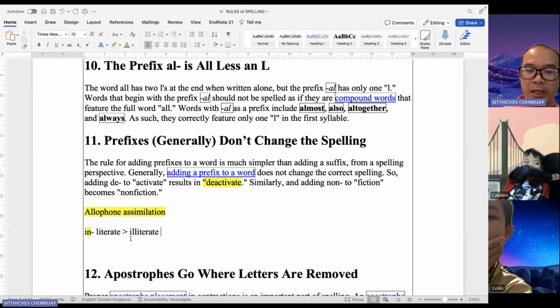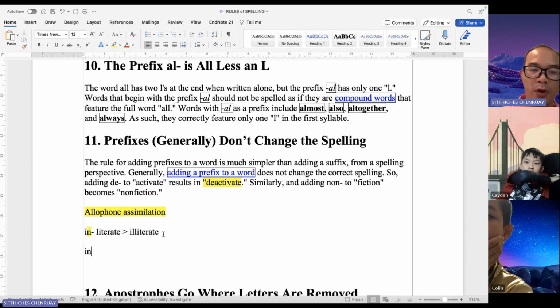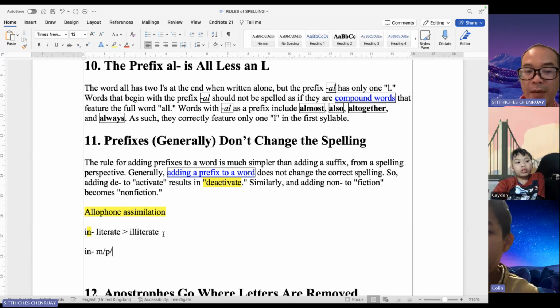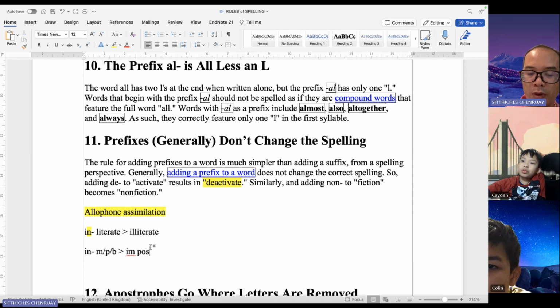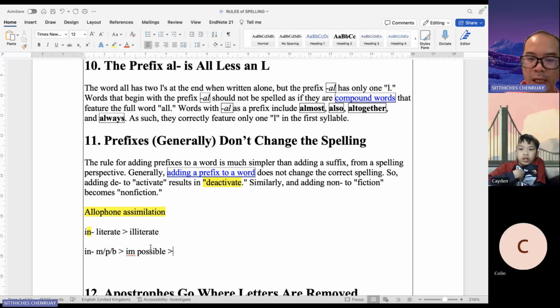So actually the prefix is in, and then in before M or P, sometimes B, becomes IM. For example, impossible, possible. Then immortal, immoral.